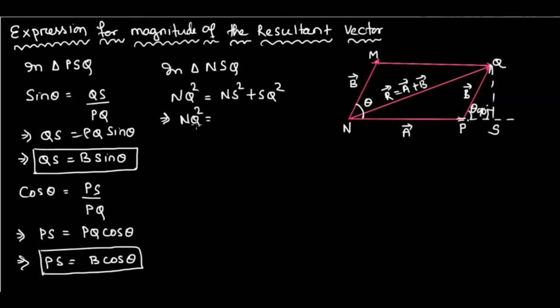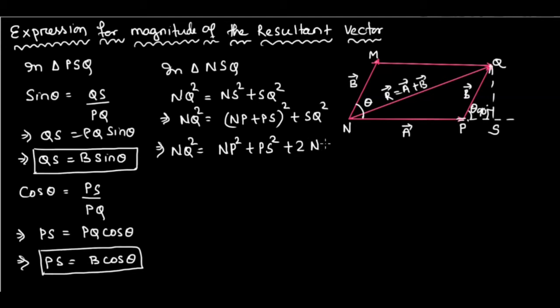NS can be written as NP plus PS, so NQ square is equal to (NP plus PS) whole square plus SQ square. Now apply the formula for (A plus B) whole square: A square plus B square plus 2AB. So 2 NP into PS, then we have SQ square.